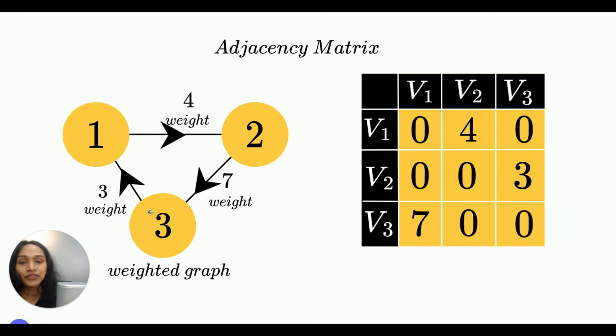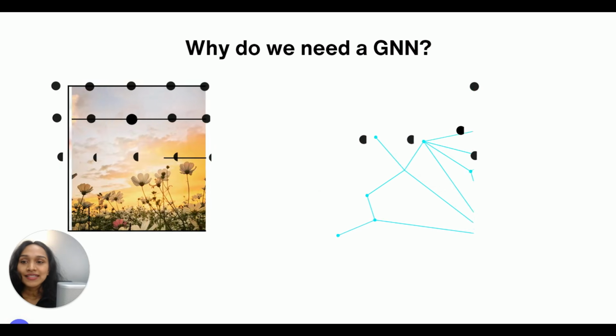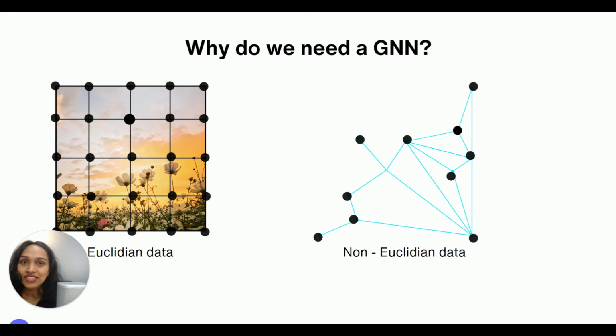So, why do we need a graph neural network? Traditional neural networks can deal with data like images and text, which belong to the data called Euclidean data. Here, this image can be considered as a grid structure. The pixels can be considered as the grid, and the distance between these points can be calculated by calculating the Euclidean distance between these points.